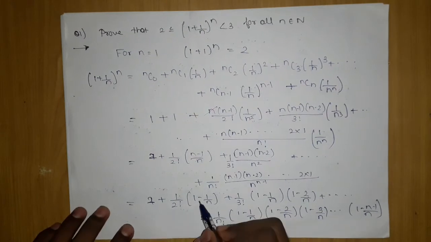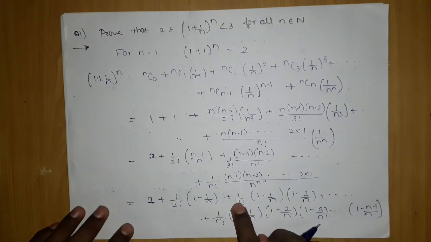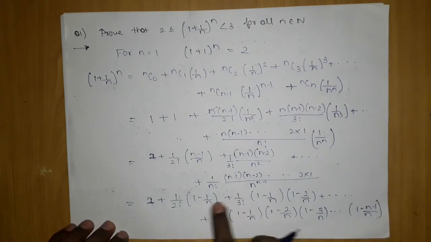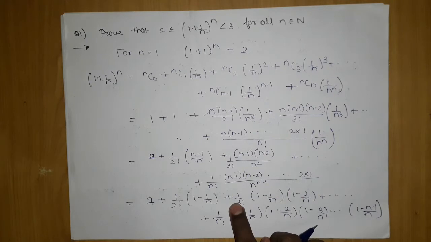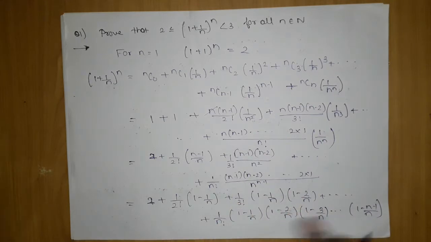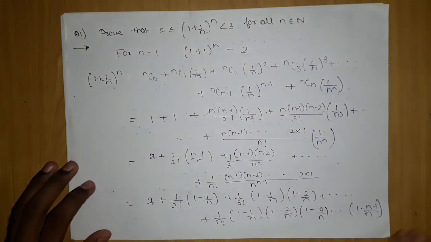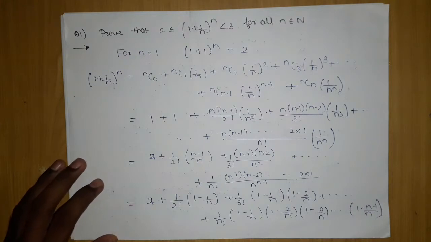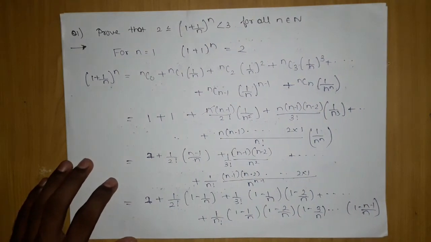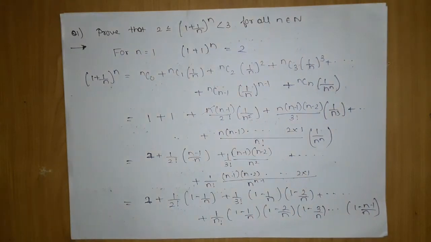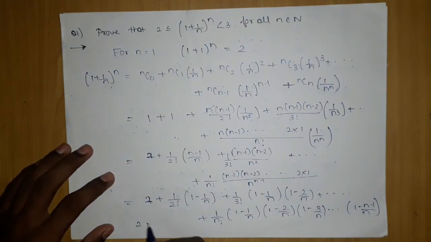So you can clearly see 1 minus 1 by n, where n is a very big number, so it will be approximately 1 only. When it is divided by 2 factorial, it will be very small, and this will be smaller than this one, because it is divided by 3 factorial, and consequently it will become smaller and smaller. So I can say it will be something like 2 plus some 0 point stuff.